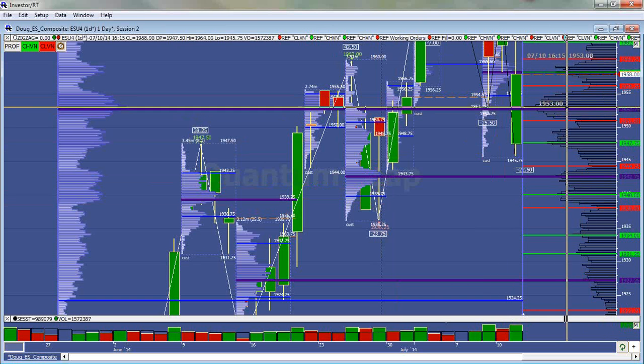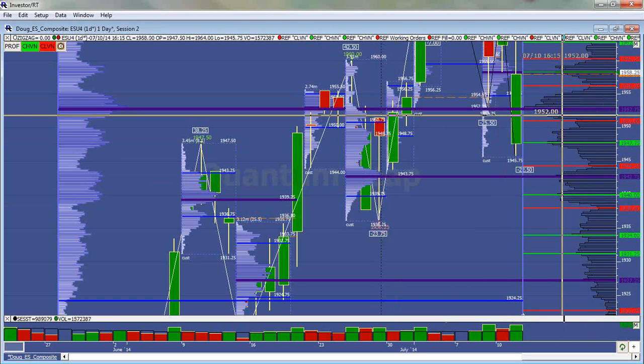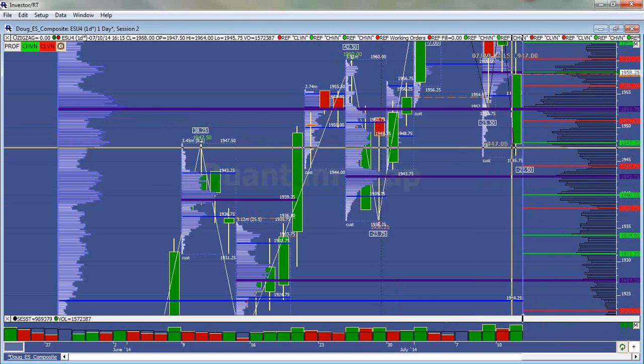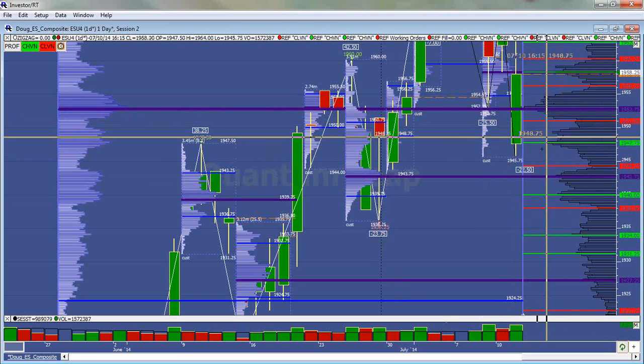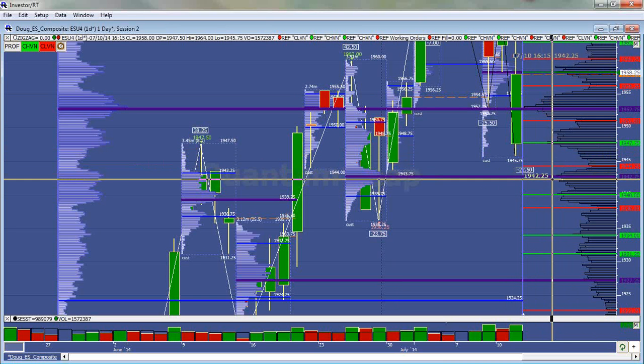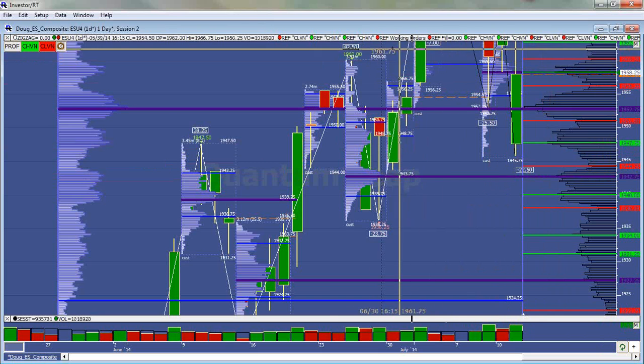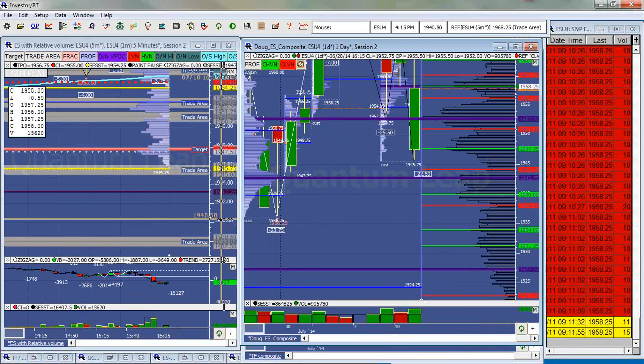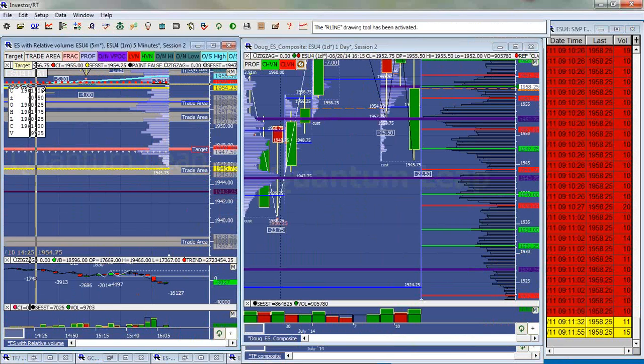Now, if they can't hold value in this 52.75, they've already gone down below it once. The second time, likely not going to hold and likely come down to this 42.75. So that is an extended target for me today down here at this 42.75.